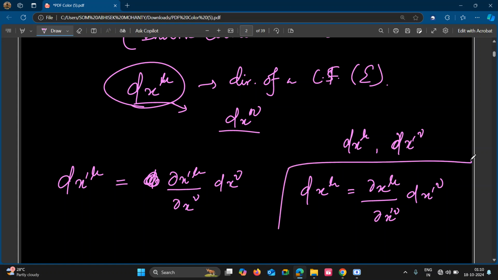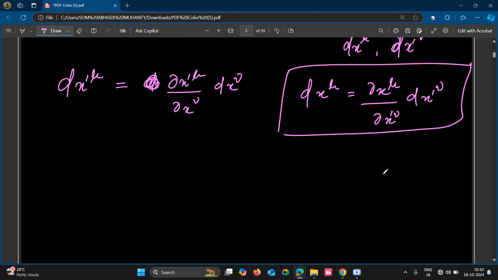This is completely your own understanding. How much you can understand from this completely depends on your mind. Everyone has their own thought process to understand tensors because it's not that easy or straightforward, so we have to use our own conventions. Okay, so this is our transformation.